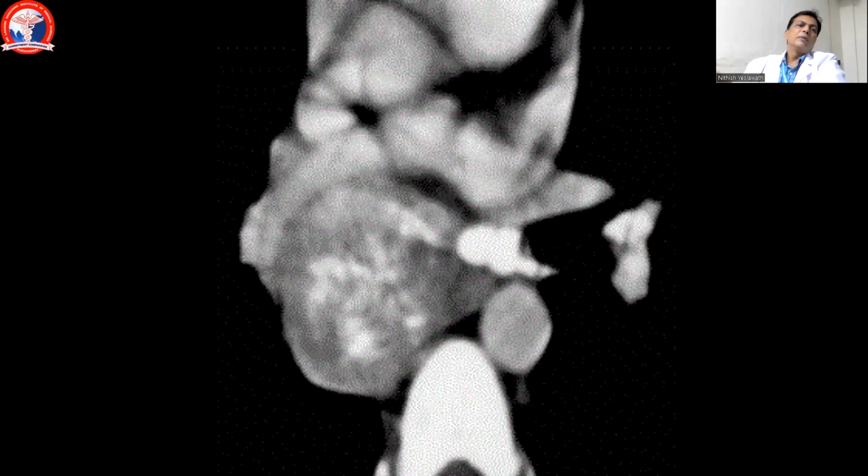Here we are seeing multiple enlarged lymph nodes. The lymph nodes are showing calcification, high attenuation is seen in the areas. Here the lymph node is showing calcified areas within, enlarged nodes, conglomerated nodes are seen.